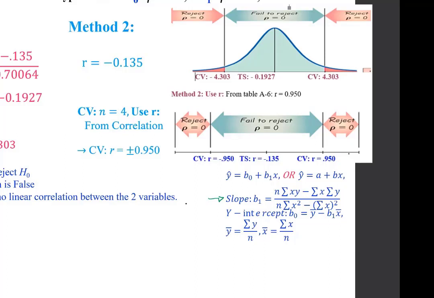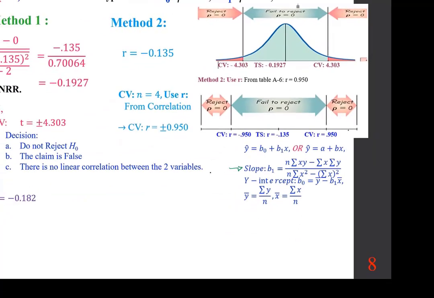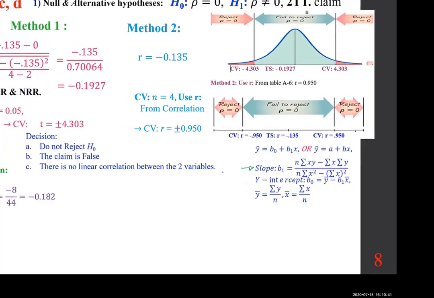And remember, we have everything we want in this fraction. In the previous page, we've done that. N summation of xy minus summation of x times summation of y over n summation of x squared minus quantity summation of x squared. So take a look. We have all of that from the previous page. We put it into that equation for b1 and we find it to be negative 0.182.